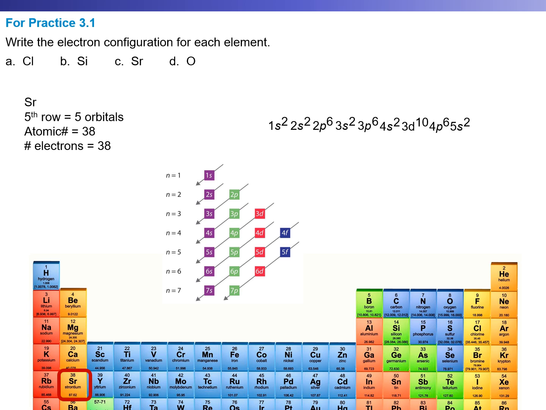So we in fact did fill in 4s, come in and fill 3d, then filled in 4p, and then continued on into 5s. Now, could we have written this even more simply? Yeah, we could have come over here to krypton, dropped in that abbreviation, and then just write 5s2.